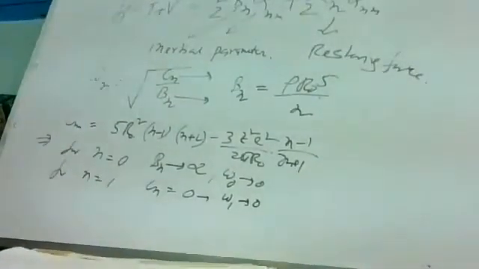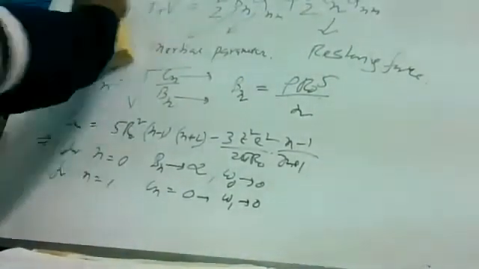So for the nth phonon, for the nth mode of vibration, there are 2n plus 1 m values. So this is a degenerate state. And its parity would be defined by minus 1 to the power n.